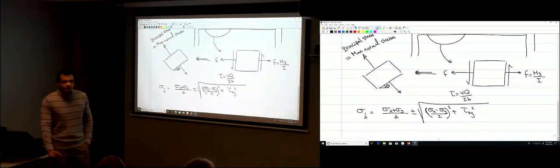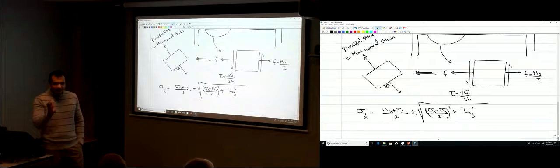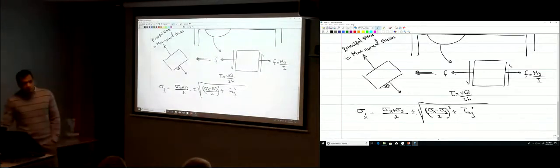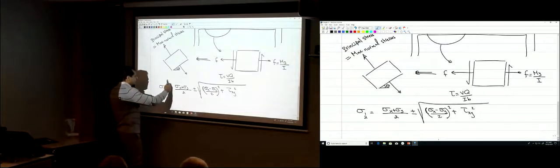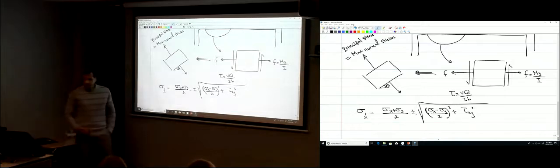You remember this formula? Kind of, right? So that's the principal stresses. One is the maximum stress and one is the minimum stress. One is positive and one is going to be negative, okay?